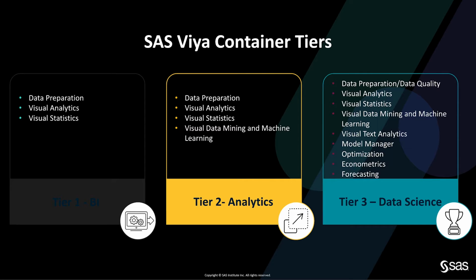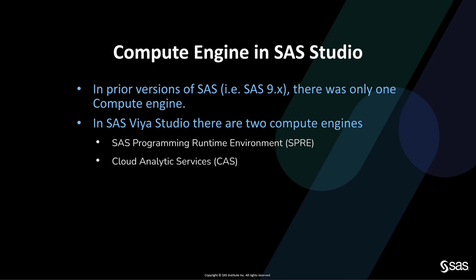All right, the compute engines in SAS. In SAS Studio, there are 2 different compute engines. In prior versions of SAS there's really only one, so this is not something you were aware of or had to be concerned with.